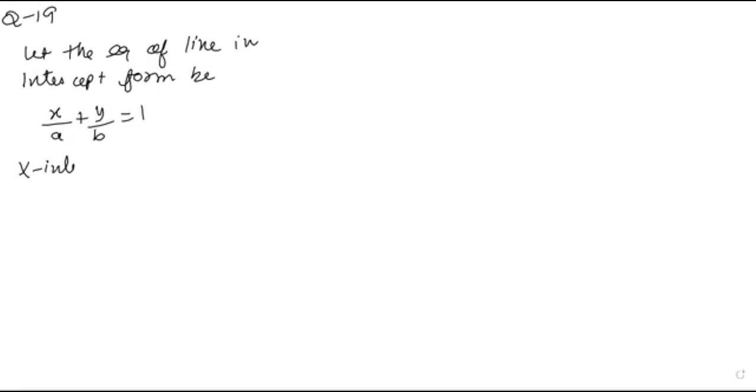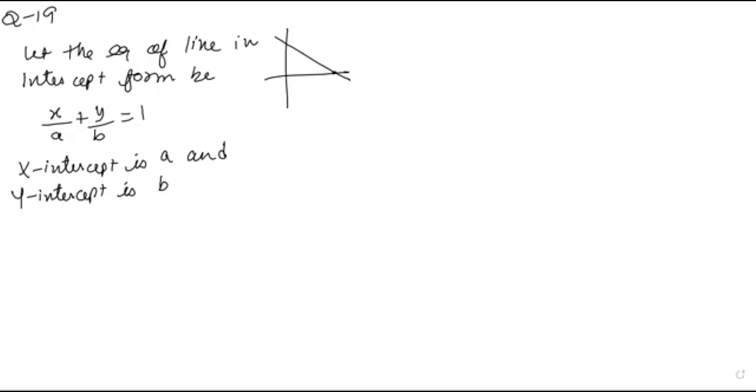Therefore, my x intercept is a and y-intercept is b. So if I draw this on graph, then this is my point A, which is (a, 0), and this is my point B, which is (0, b).